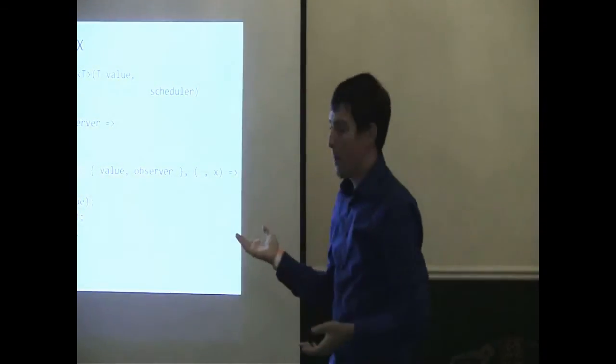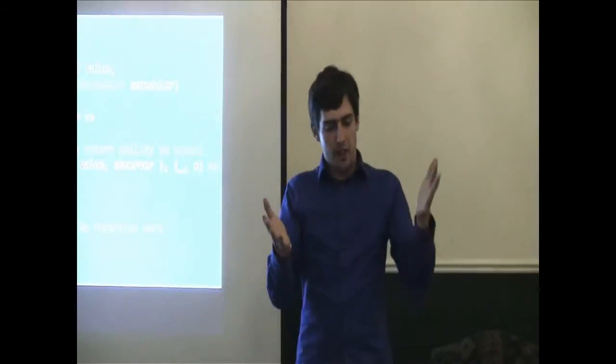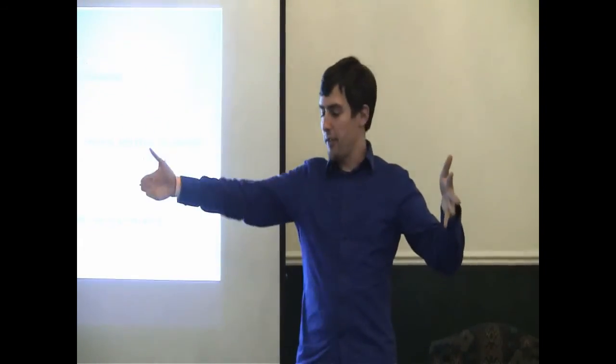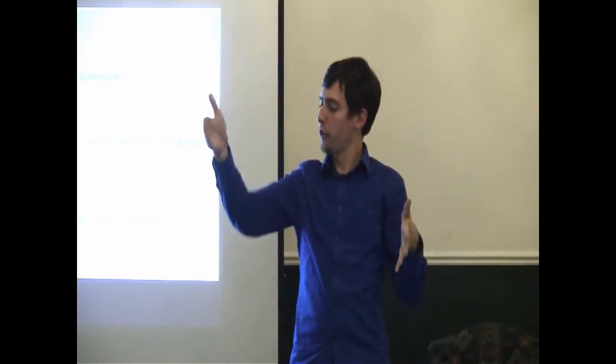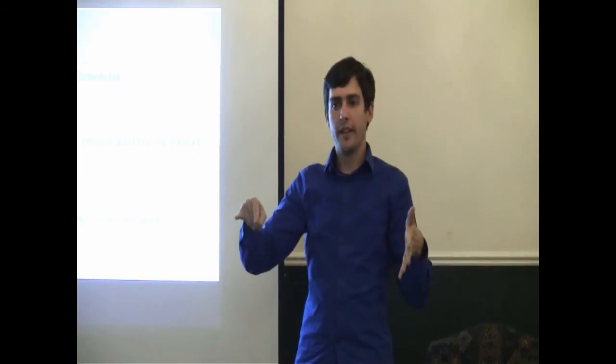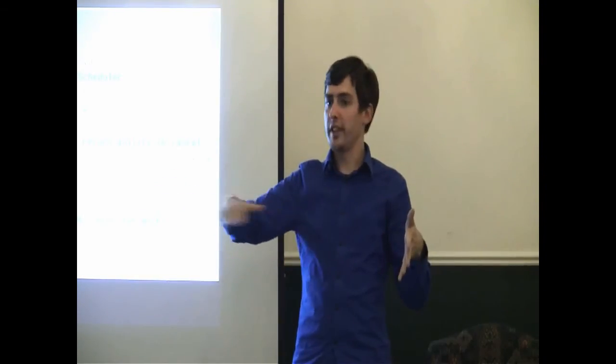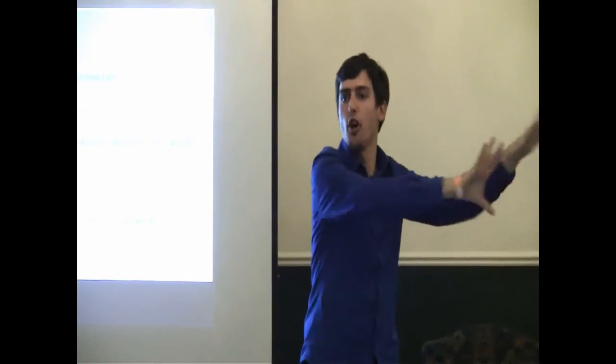If you do something like sample, what does sample do? Sample says, I have a sequence, I have a scheduler, I have a timestamp. I will subscribe to the sequence. I get an iDisposable back. I will call to the scheduler to run a timer that fires every period, because I need to sample. I get an iDisposable back. I have two iDisposables, I bundle them together in a composite disposable. That's what goes out.